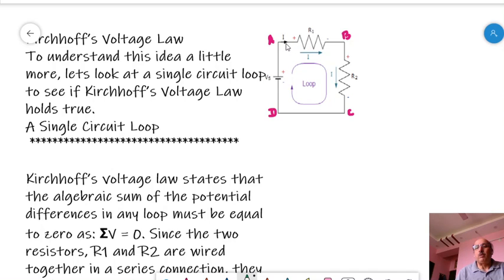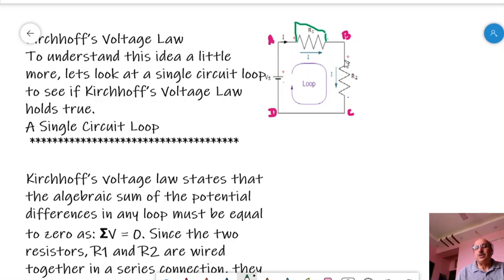The current flows from higher to lower voltage, so this side is at a higher level, and this side is at a lower level. I draw bars here to represent their voltage level. So what happened here? The voltage is falling down.